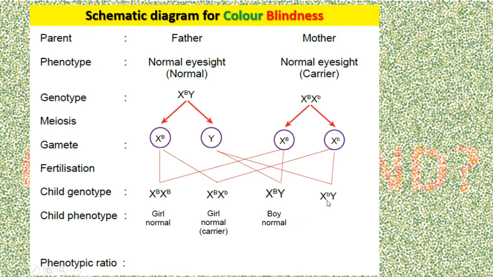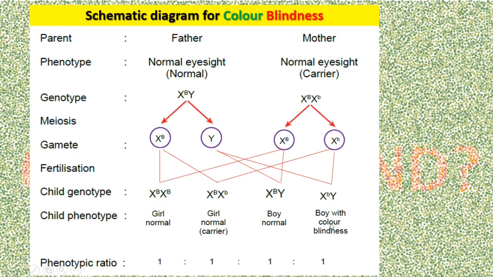So the phenotypic ratio: normal daughter 25%, normal son 25%, carrier daughter 25%, and son with color blindness 25%.